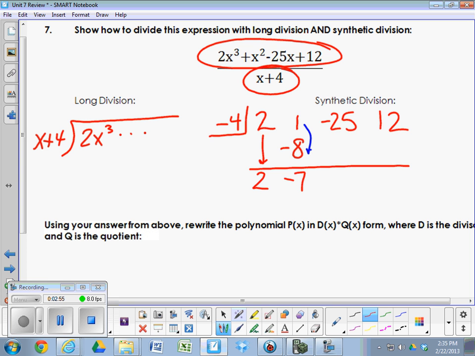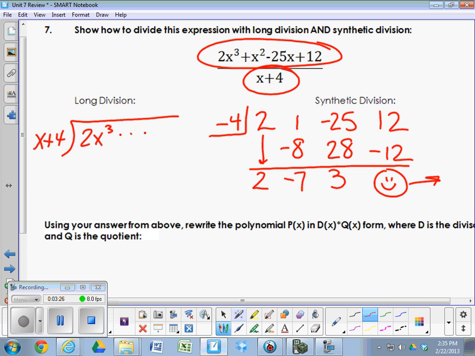Negative 7. Multiply. Positive 28. Add. 3. Multiply. Negative 12. Add. 0. Good? Yes. The 0 is free to go, but the rest have been captured.